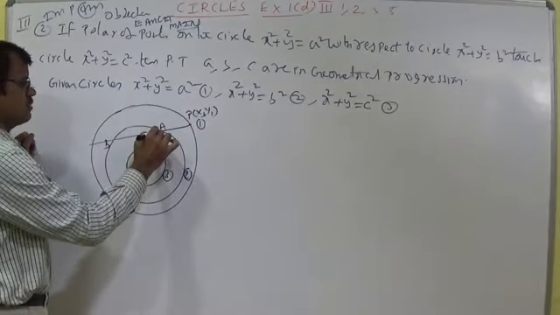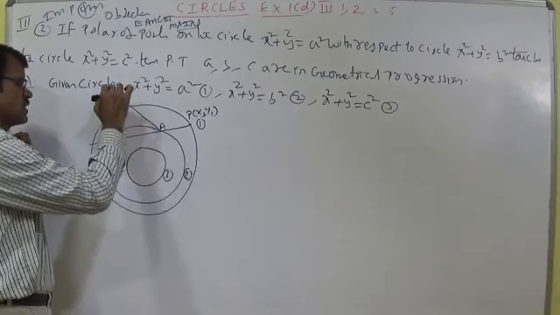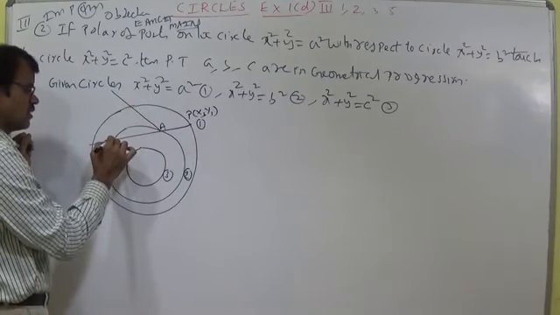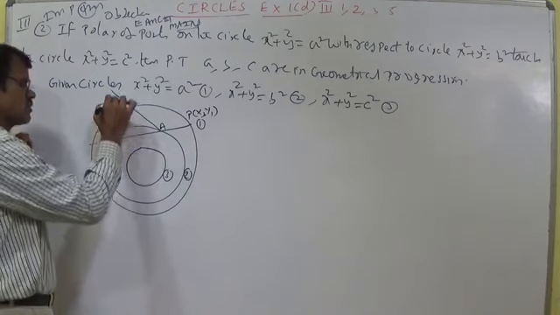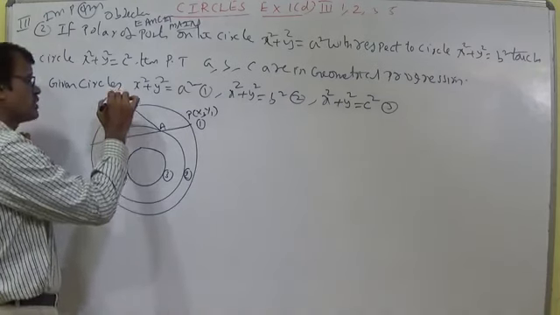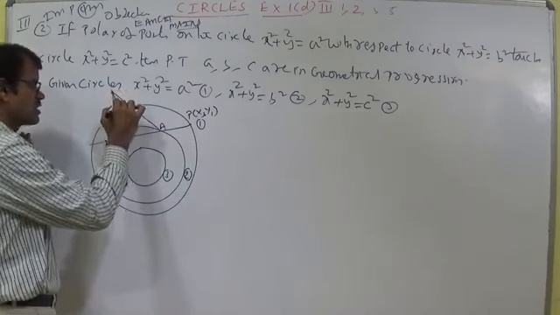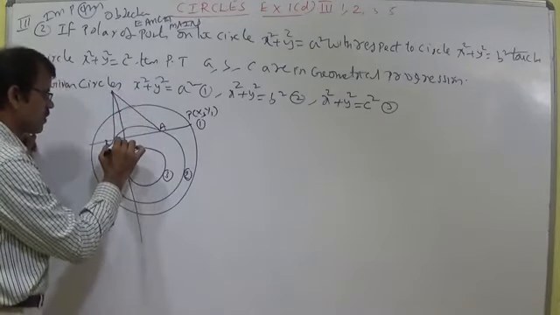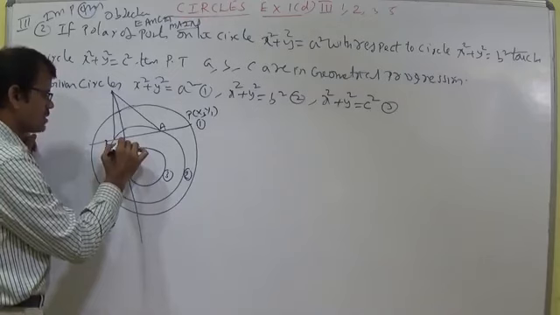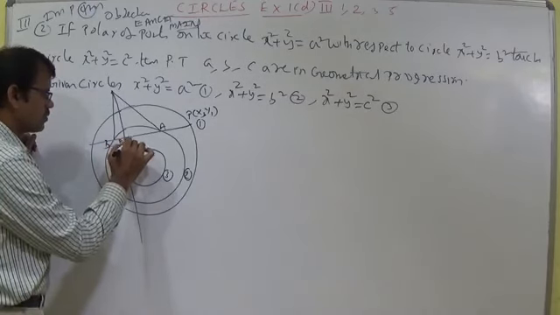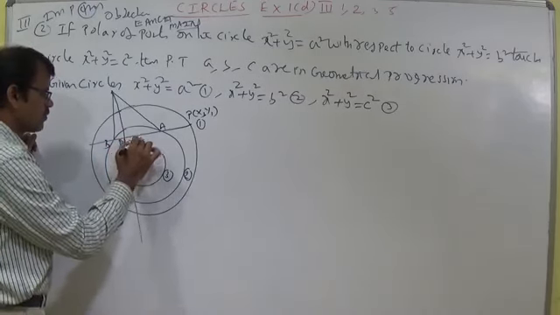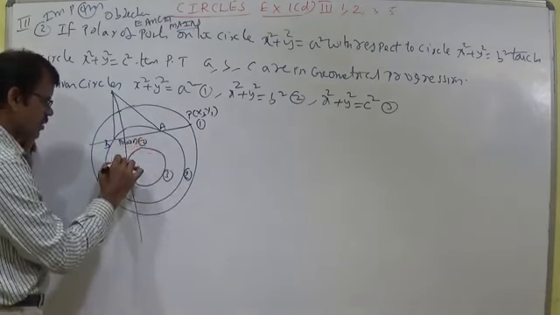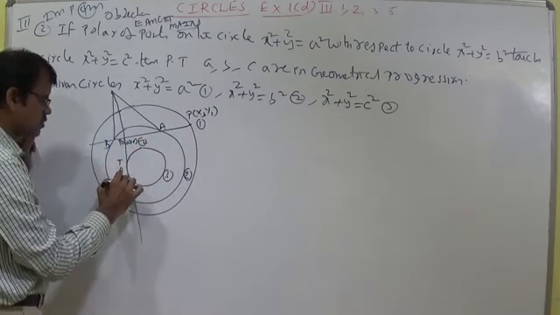Take the extremities of the chord. This is a tangent, and this A and this B. Draw the tangents at extremities of the chord. The point of intersection of tangents drawn at extremities of the chord is called the polar. So this is the polar of 2. Of course, the polar became a tangent to 3 here.